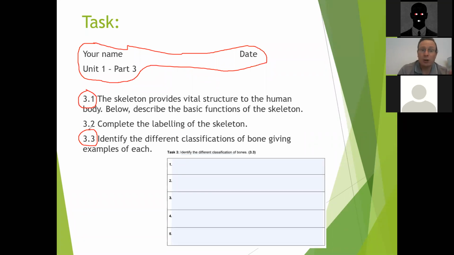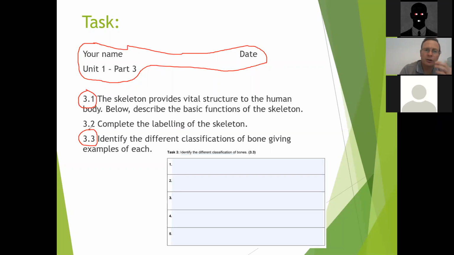So you're going to do 3.1, a written answer. You're going to finally complete the labeling of the skeleton that's in your workbooks, and then you're going to do a written answer for 3.3. So write exactly that, 3.1, then the question, and then your answer to follow.